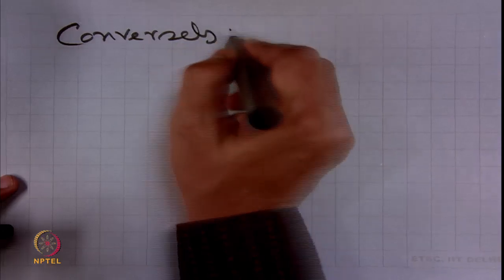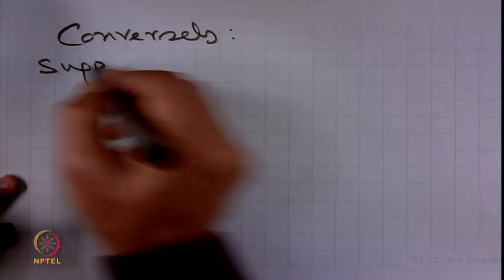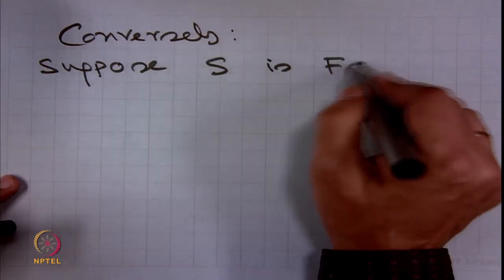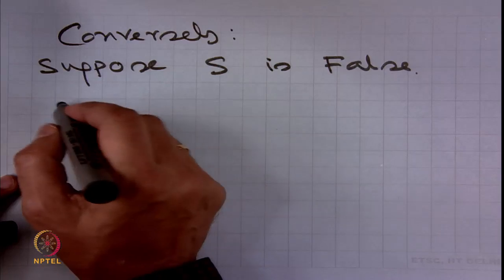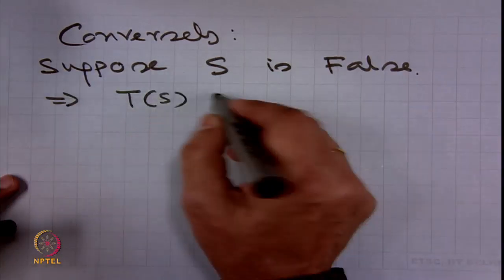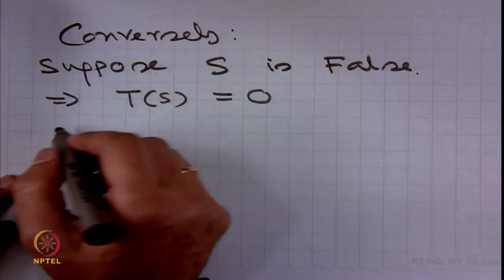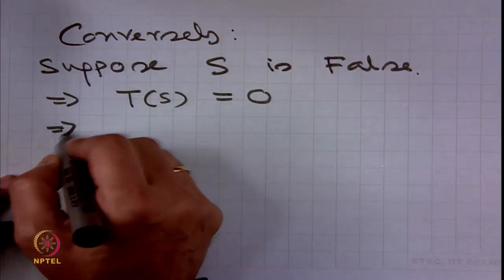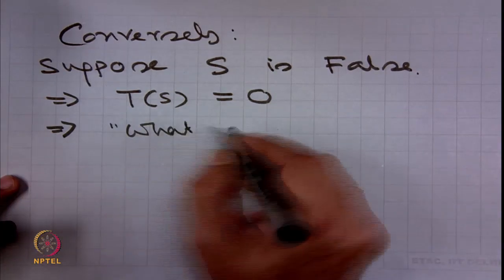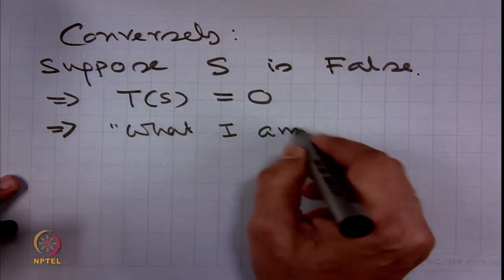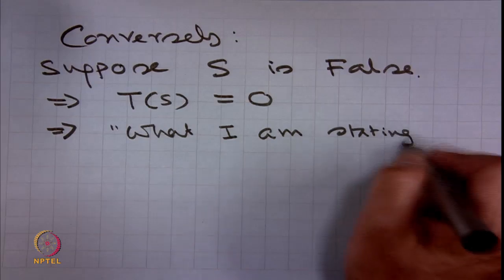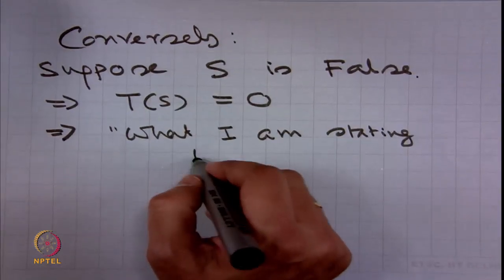Conversely, suppose S is false. This implies T of S is equal to 0, implies what I am stating is false.